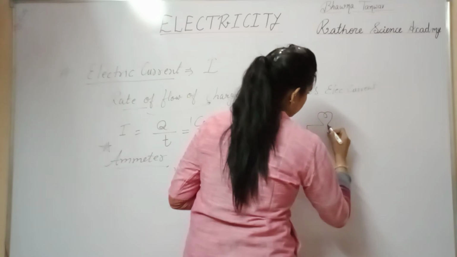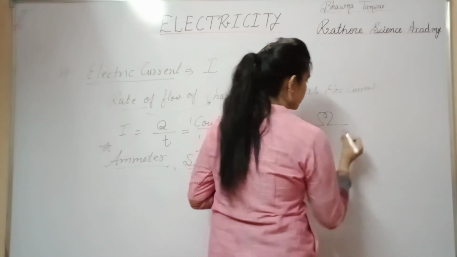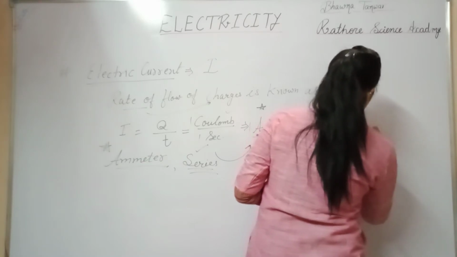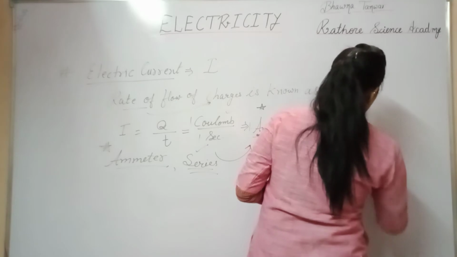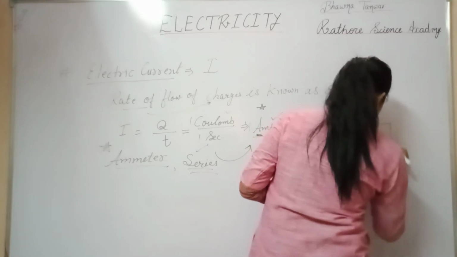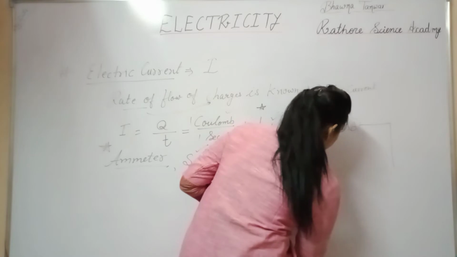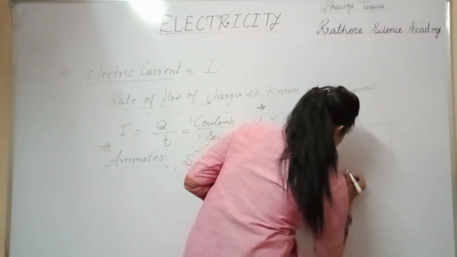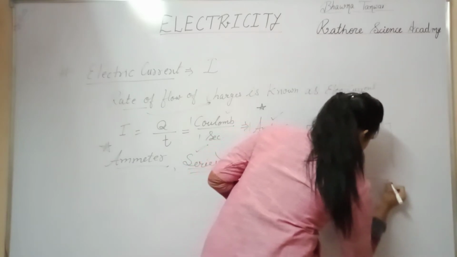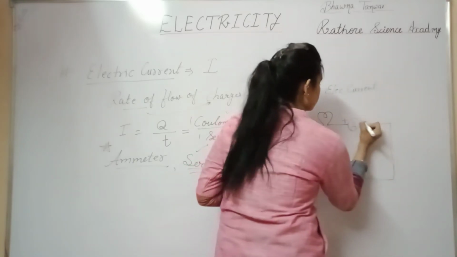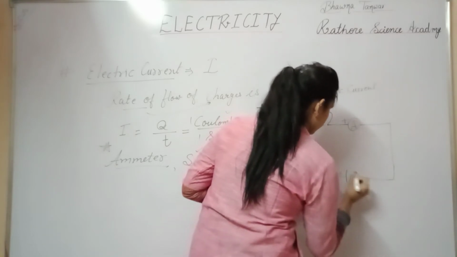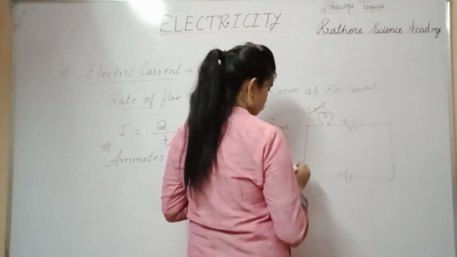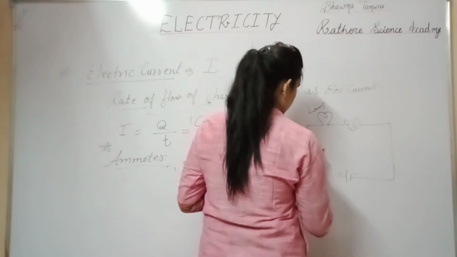This is an electric bulb where the ammeter is. Positive, negative, positive, negative. This is a lamp, or you can say bulb, current I.